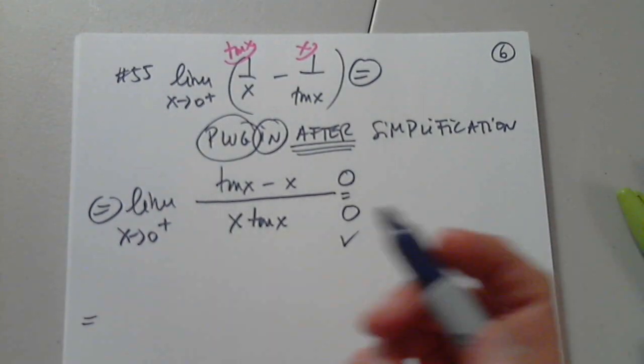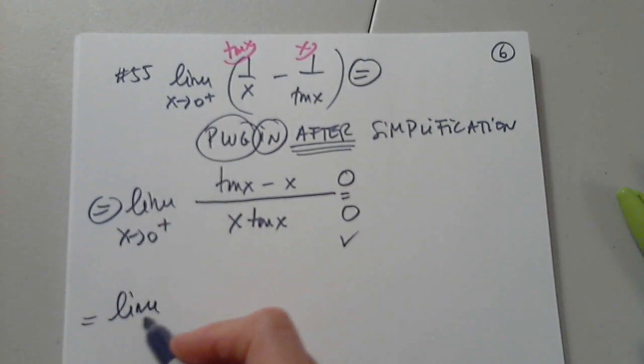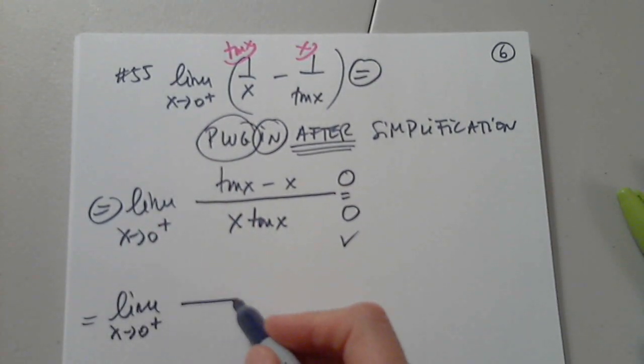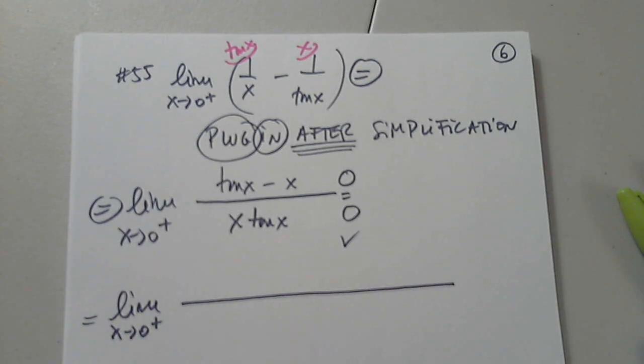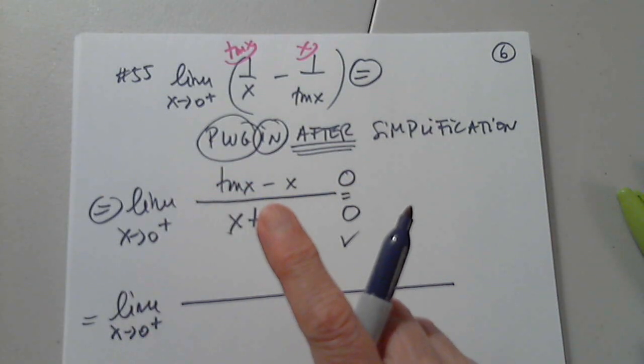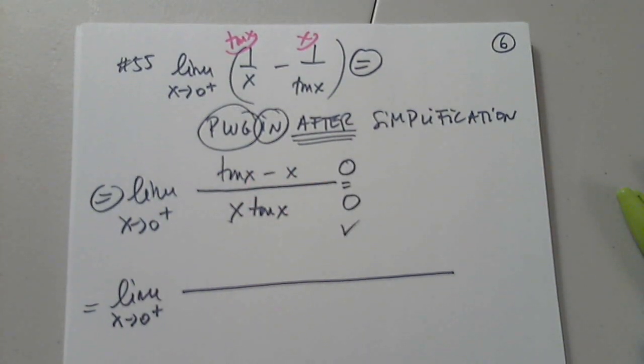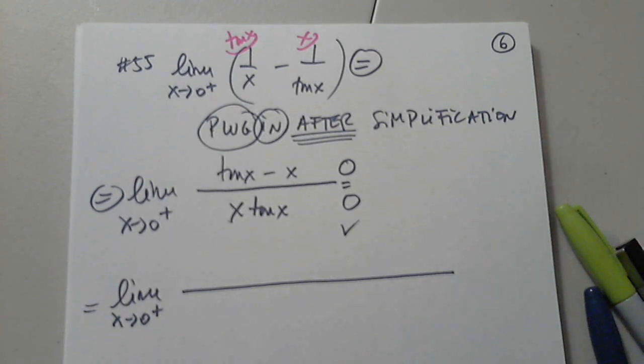But L'Hopital's rule. I have a limit, I have a function, I have 0 over 0. Limit as x approaches 0 from the right. Now I have to be careful because when I differentiate this, it's a product. This one is not, but this one is a product. So can anyone help with the numerator, to differentiate the numerator? Anyone with the numerator?